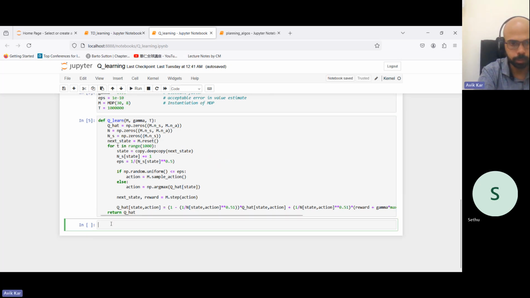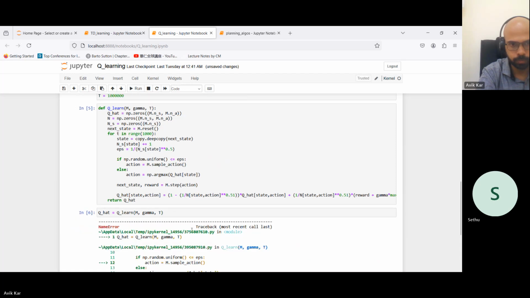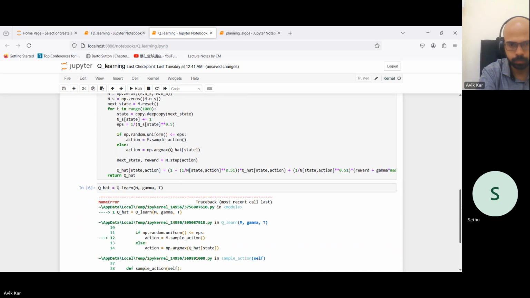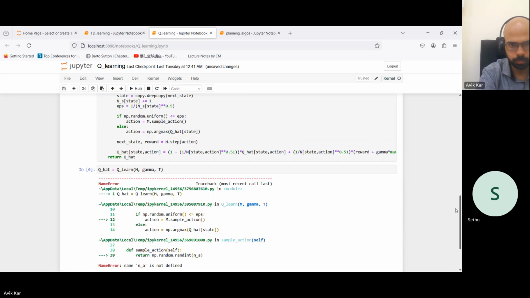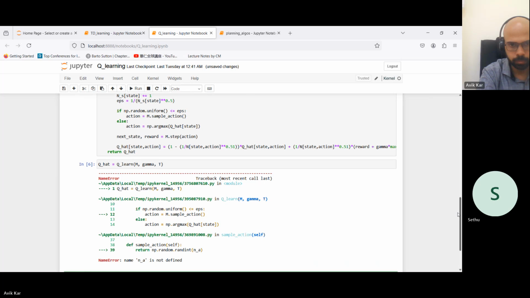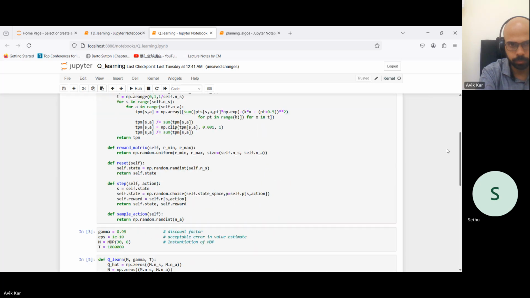Let's call this function once. Okay, there is some problem here.